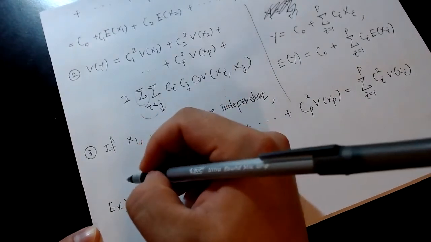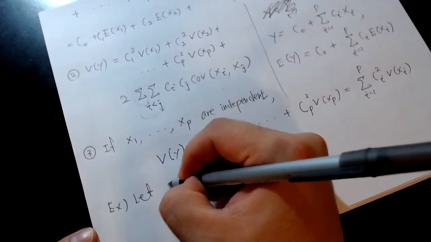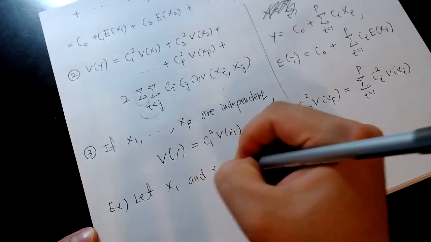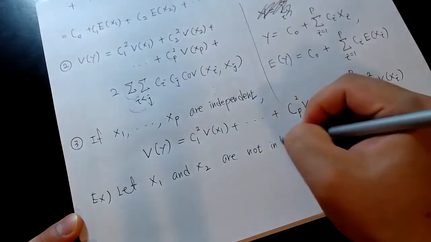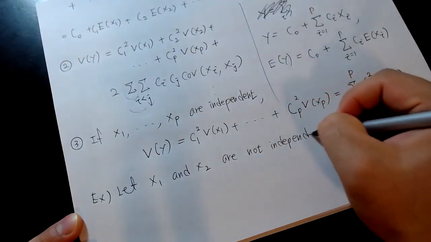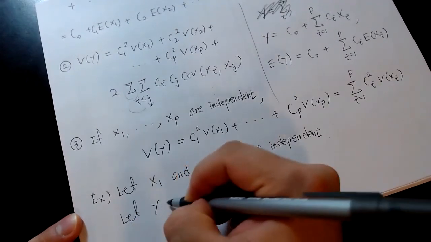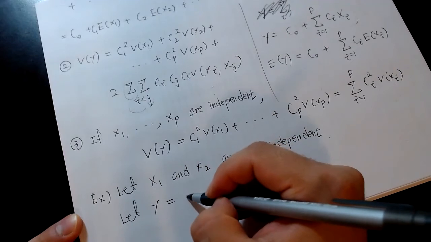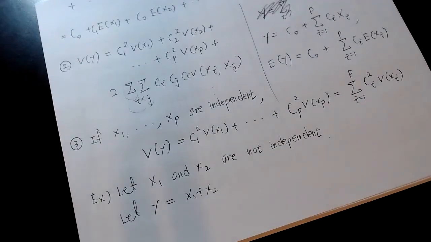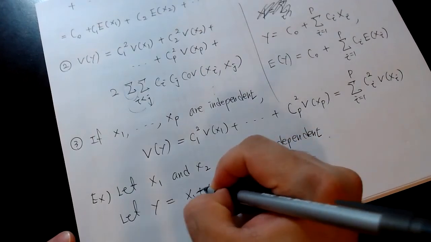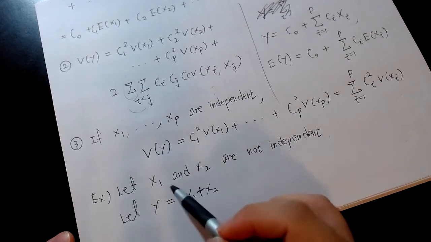So let's say x1 and x2 are not independent. Now let's say y is defined as x1 plus x2. So you see that y is defined as a linear combination of x1 and x2, and x1 and x2 are not independent.